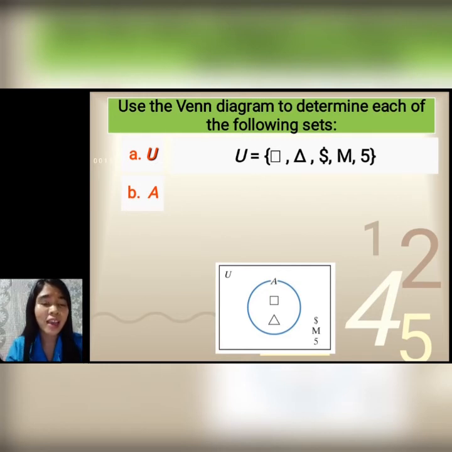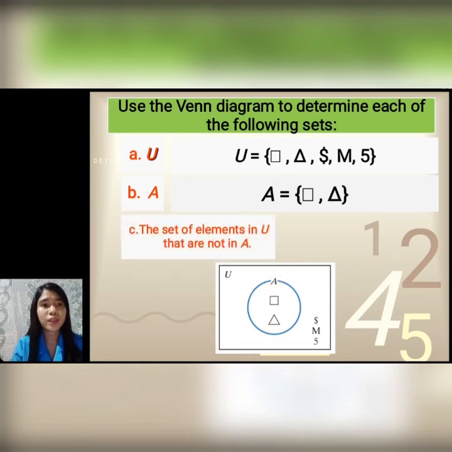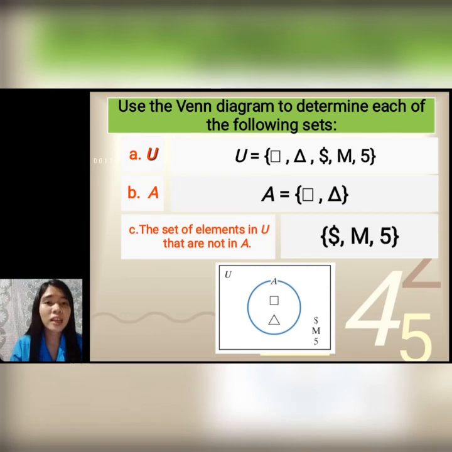So when we say A complement, we have here the set of square and triangle. Next, the set of elements in the universal set or union that are not in A complement. So the answer is the set of dollar sign, capital M, and 5.